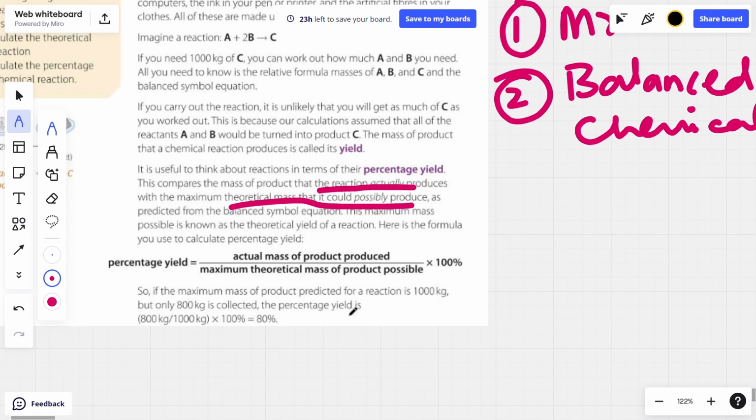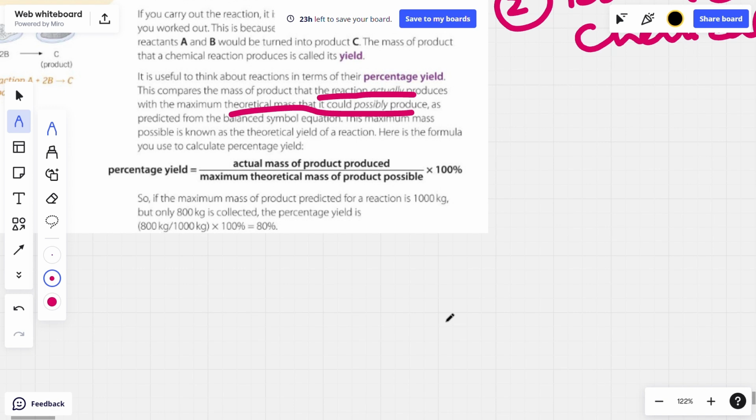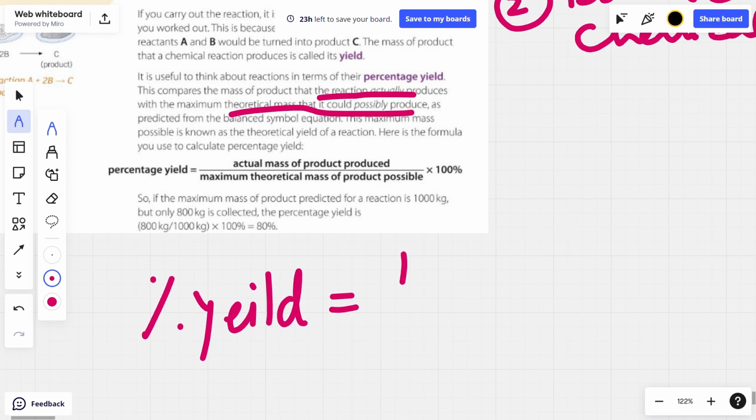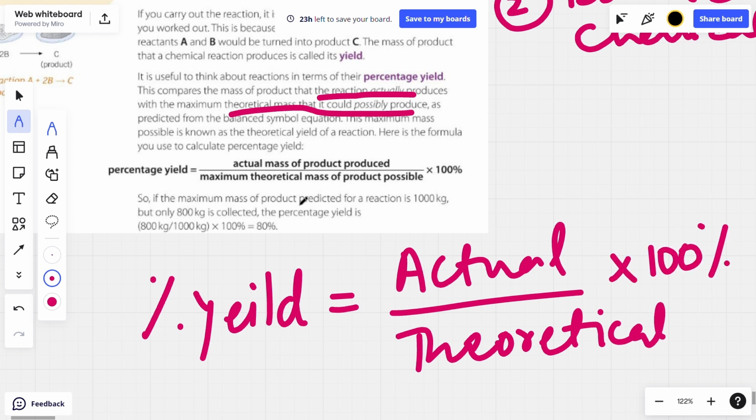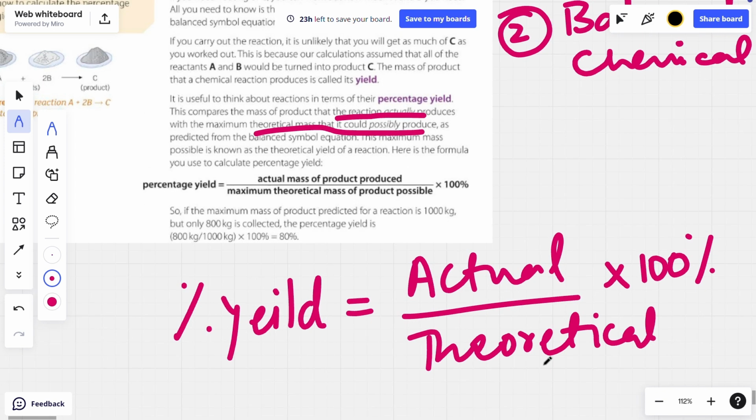So this is the formula for the percentage yield: actual yield divided by the theoretical yield multiplied by 100%. Here, the actual mass of the product produced is the actual yield, and the maximum theoretical mass of the product possible is the theoretical yield.